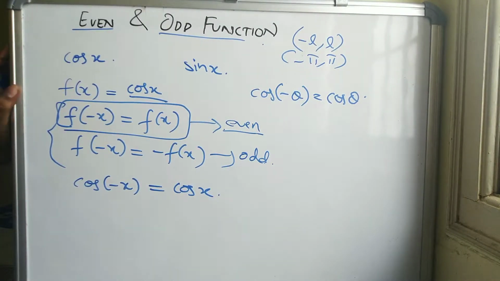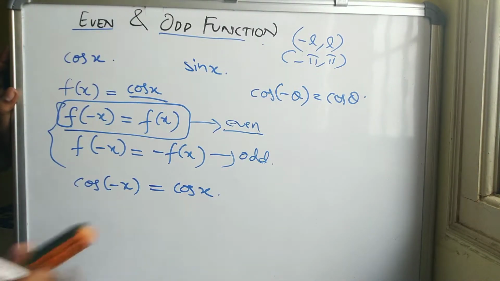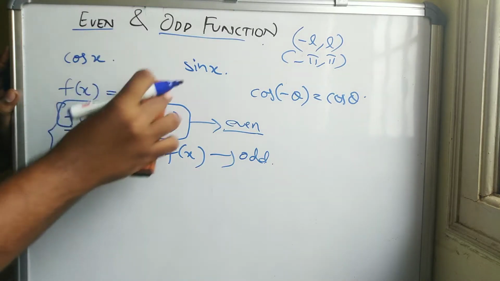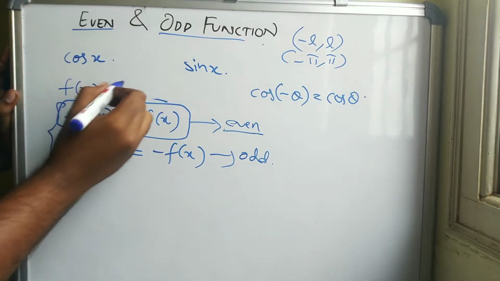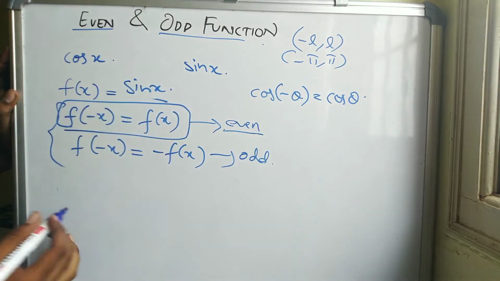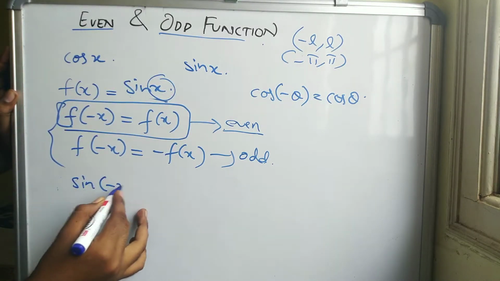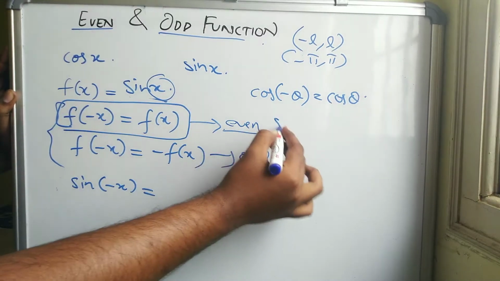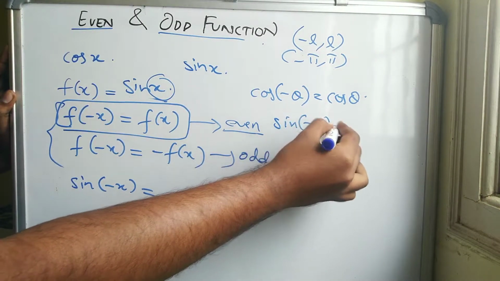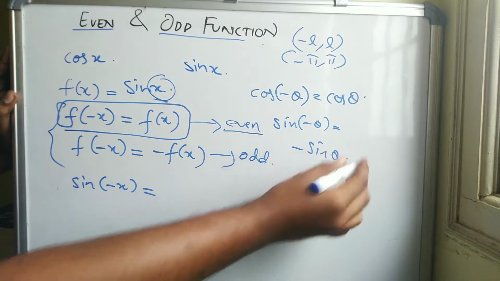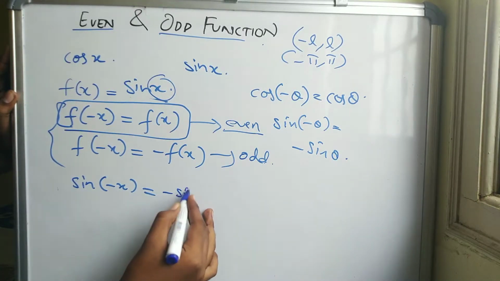Now moving on to sin x. If I replace f of x with sin x, I have to replace x with minus x, so sin minus x. Sin minus theta is minus sin theta, so this becomes minus sin x.